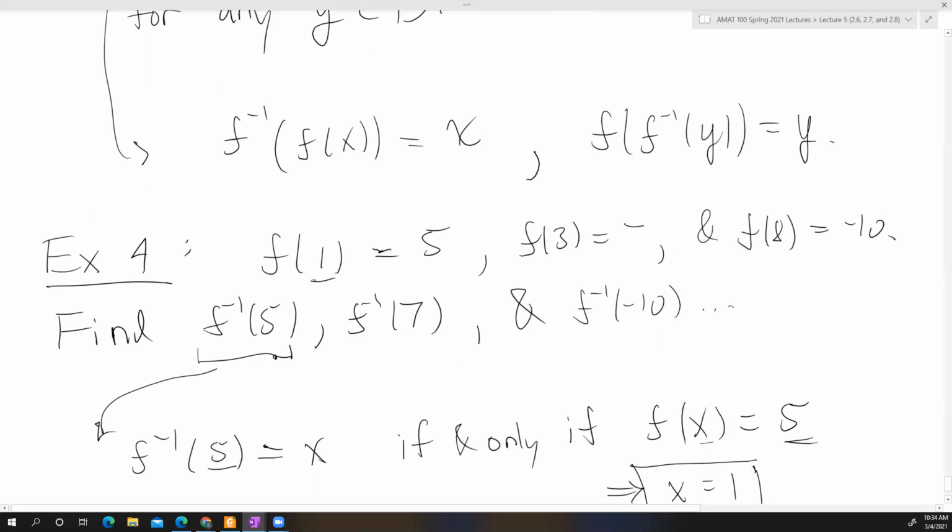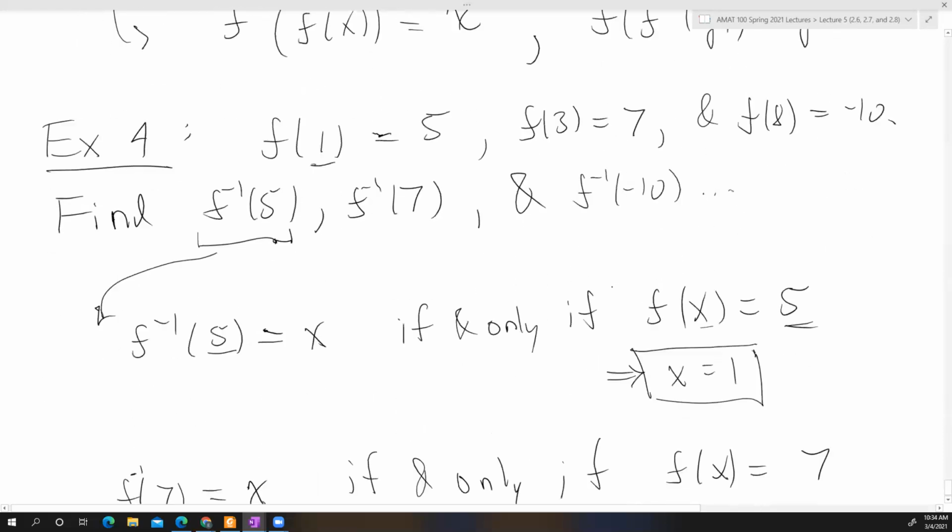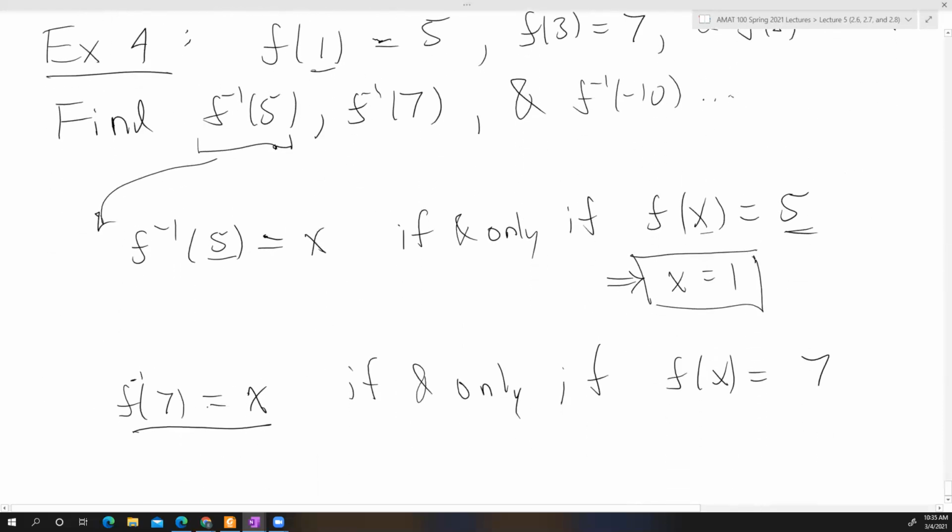This is supposed to be f of 3 is equal to 7. So f inverse of 7 equals x, where x is to be determined, if and only if f of x is equal to 7. And if we just go back to what's given, we're given that f of 3 is equal to 7. So this implies that x has to be 3. It can't be anything else. And then you can play the same game for the last one, f inverse of negative 10.